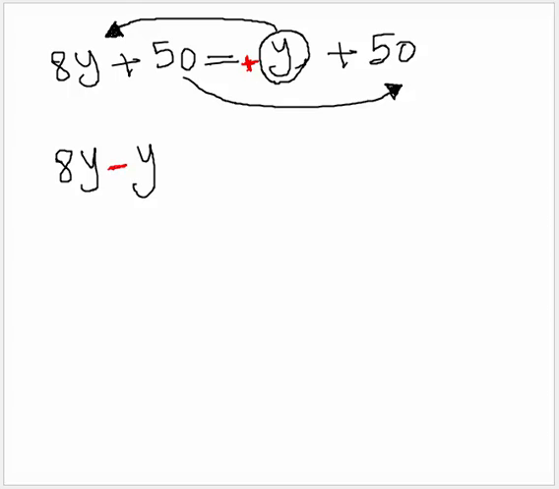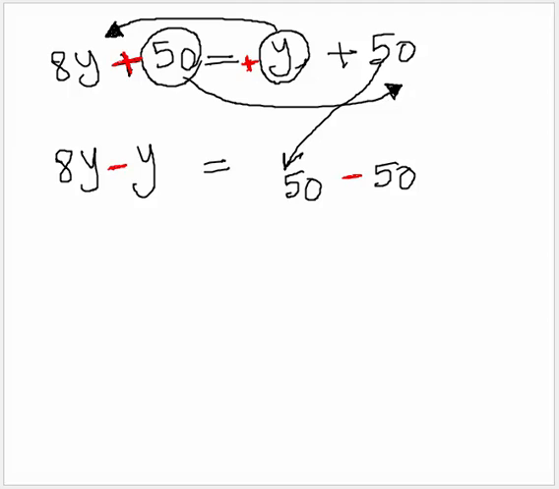And at the same time, I can look at this 50 here. I can keep it on the right hand side. Now if I move this 50 to the right, then it becomes minus 50. So that would be like a shortcut, whereas before it was plus 50.